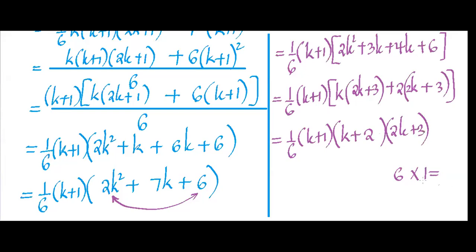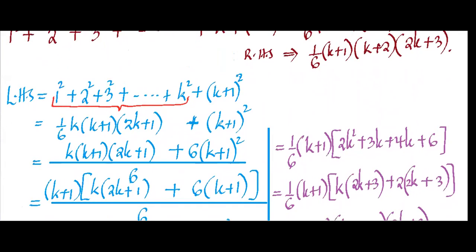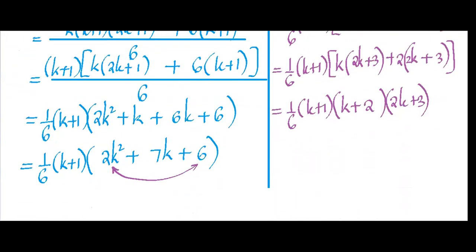If you're careful, you will notice that this is exactly the right-hand side, k plus 1, k plus 2, and 2k plus 3. So therefore, the proof does hold again.